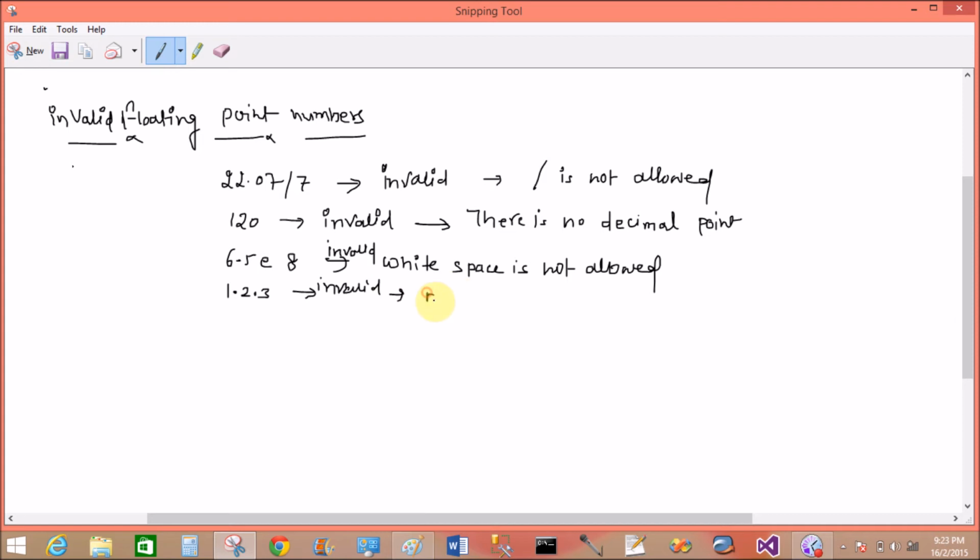.5 E8 is invalid due to white space. 1.2.3 is invalid because more than one decimal point is not allowed.